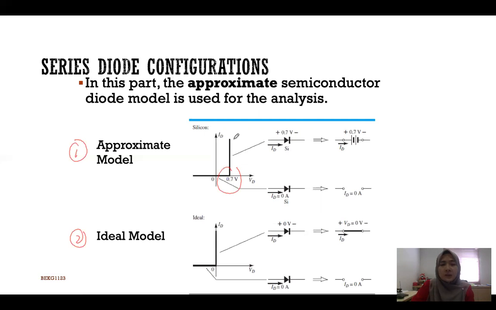The forward bias starts at 0.7 volt. The voltage here depends on the material of the semiconductor used. 0.7 is the voltage for silicon, Si. But for the ideal model, the forward bias starts exactly at 0. That is the difference between the approximate model and the ideal model.